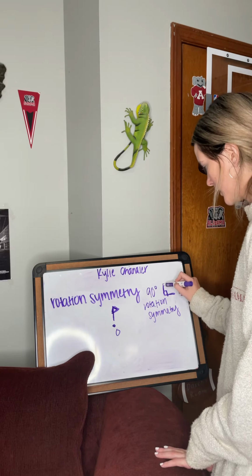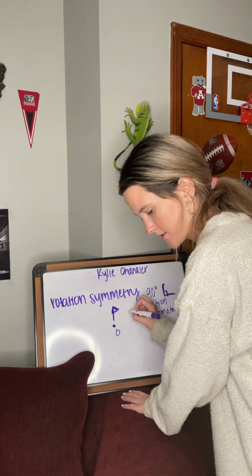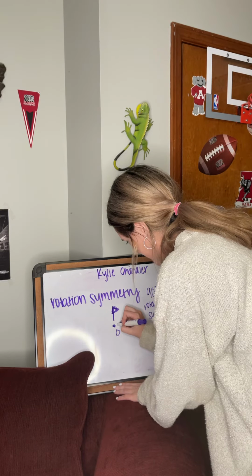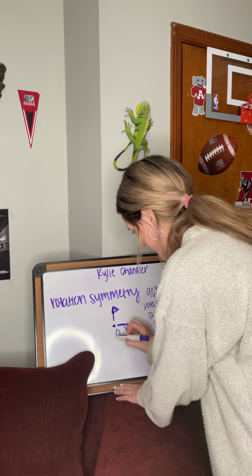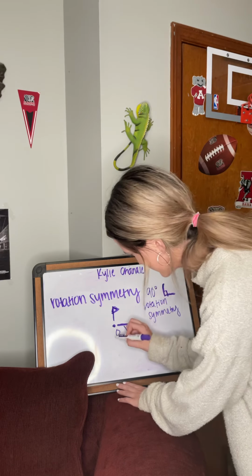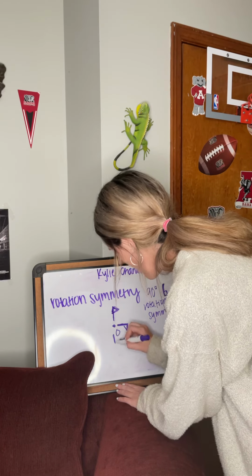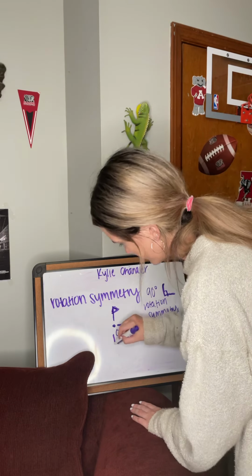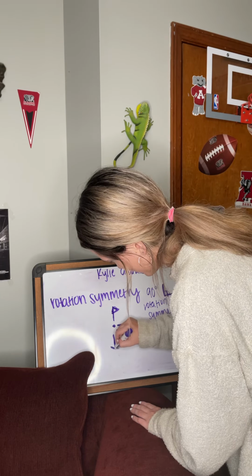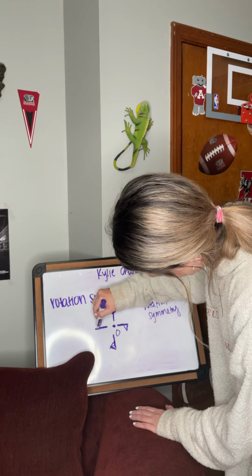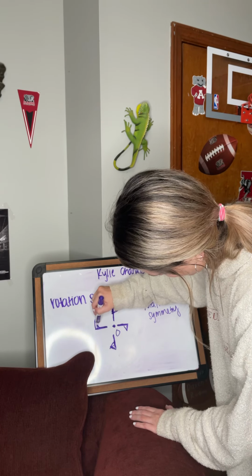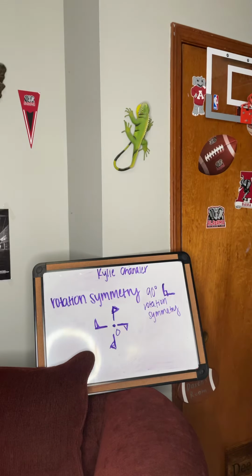So our next line is going to be right here. Then another 90 degrees, I'm going to shift it, making sure it's the same object, so this little flag is pointing this way, and then another 90 degrees, making sure the flag is pointing the right way, and that is rotation symmetry.